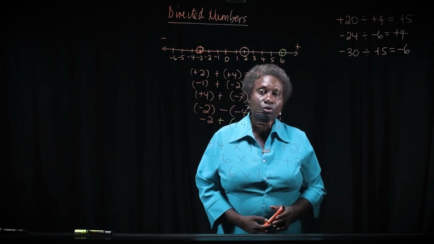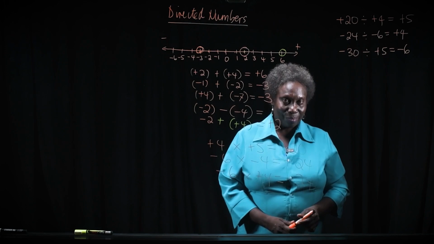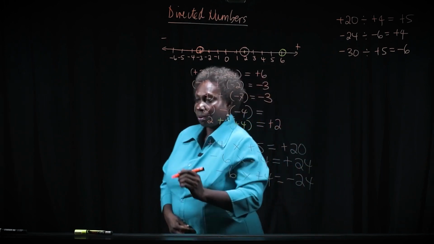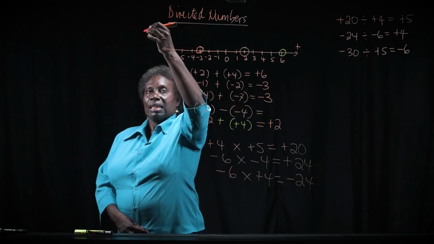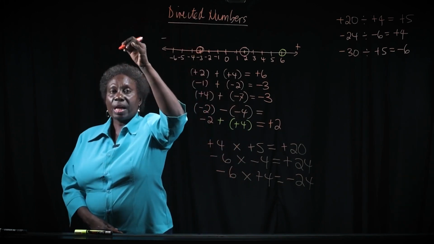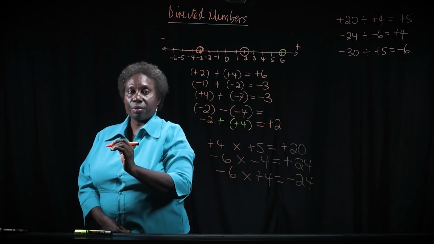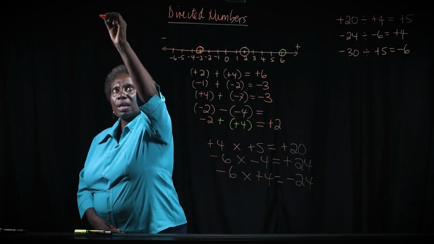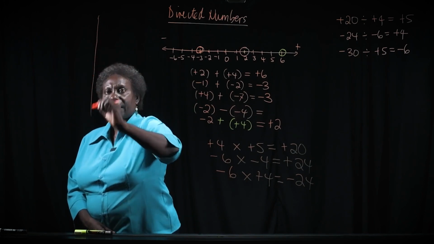And now we are going to look at a practical example on directed numbers. Okay, let's see. Now, I have a bird that is flying at 300 meters above a fish which is 150 meters below the sea level. So, I'll put the vertical number line here.